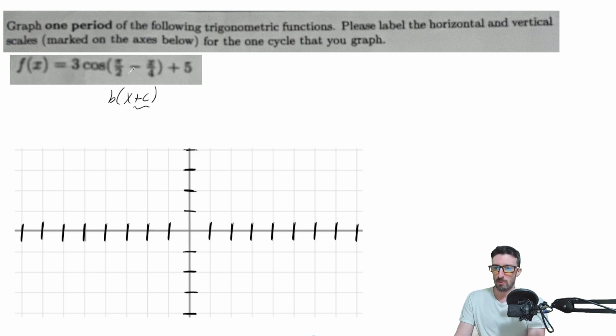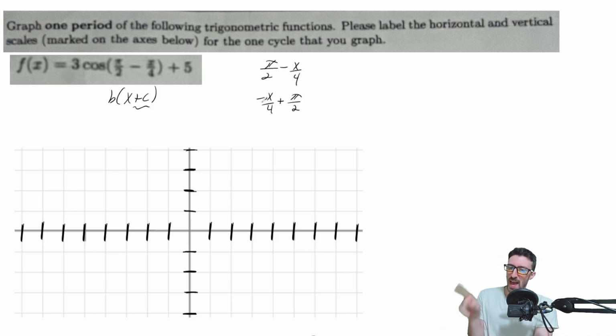So how about we just focus on only that pi over 2 minus x over 4 first, and let's move it. I feel a little bit more comfortable if that minus x over 4 is in the front. And then I'm going to factor out the minus 1 over 4.